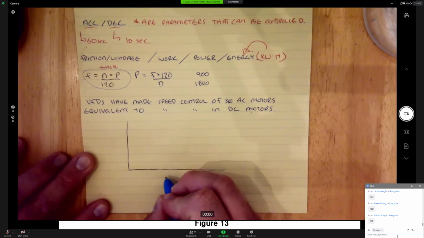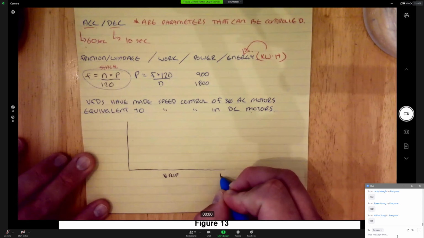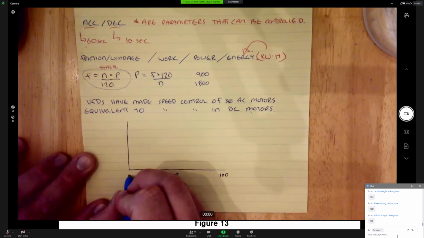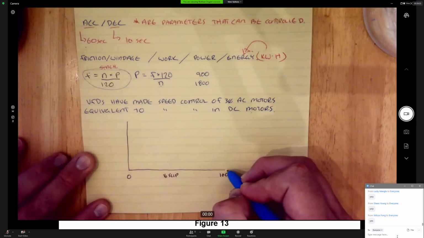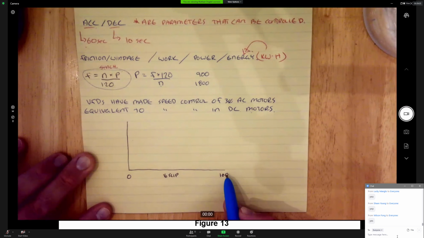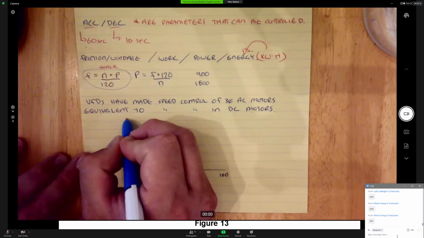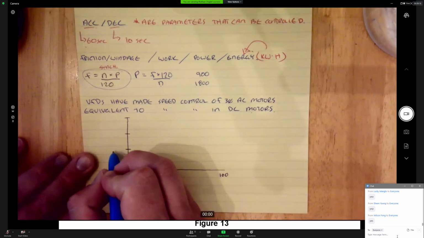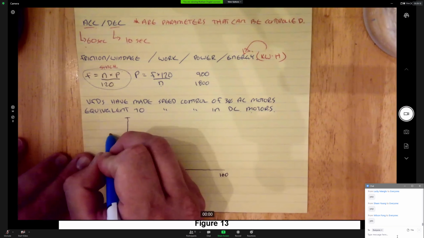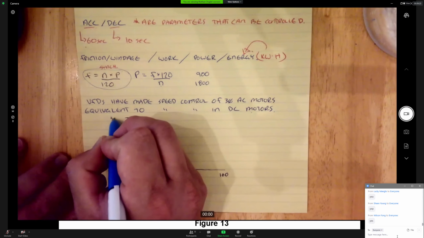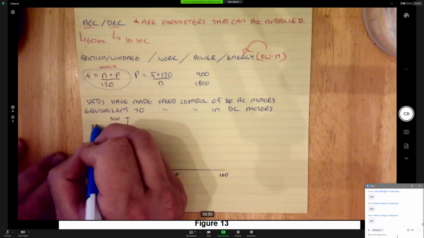Okay, so here we have percent slip. So at 100% slip here, the rotor is not moving. So this diagram is opposite from the last one that I just went through. This can be 100% torque, 200% torque, 300% torque. That is percent torque.